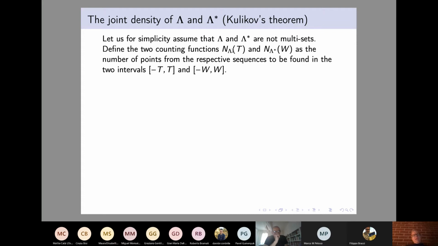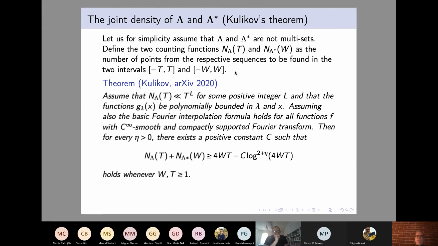We call the counting functions n lambda of t and n lambda star of w. Remember that we have two different sequences, one on the space side and one on the Fourier side. And what Kulikov proved is that there is a very precise joint density.